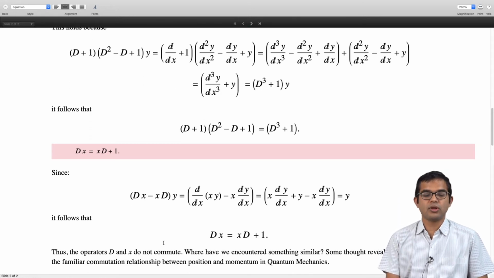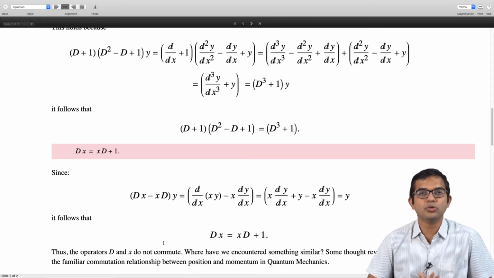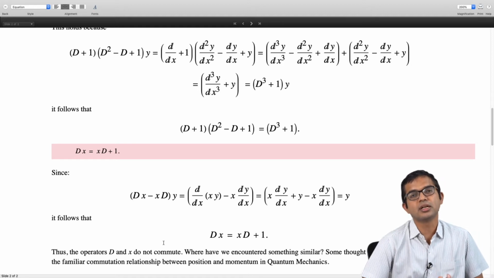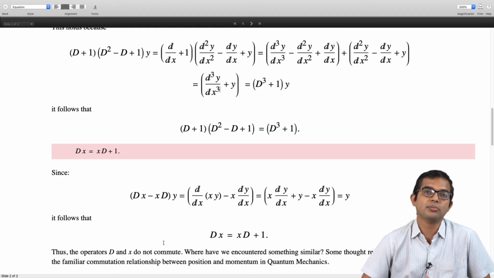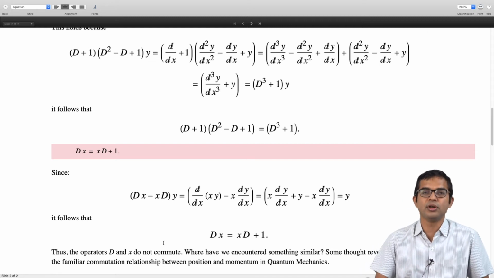Right? So what we have seen is that these operators d and x do not commute, and this is not the first time you're seeing something like this. In fact, you have worked with the same kind of operators. You must have seen in quantum mechanics that the operator corresponding to position and the operator corresponding to momentum do not commute. The operator corresponding to position is x, and the operator corresponding to momentum is like the derivative, which is what we have.